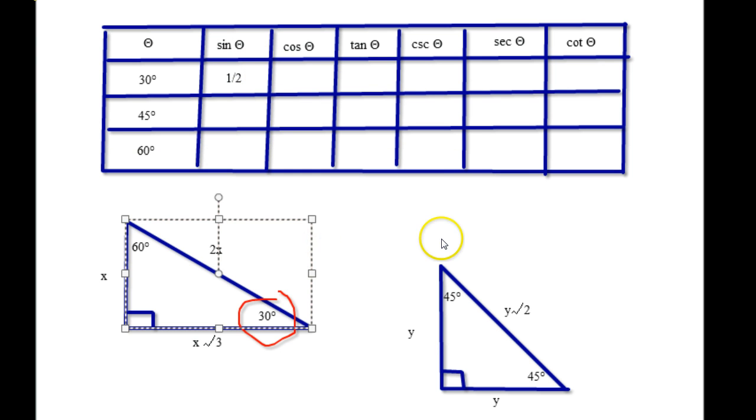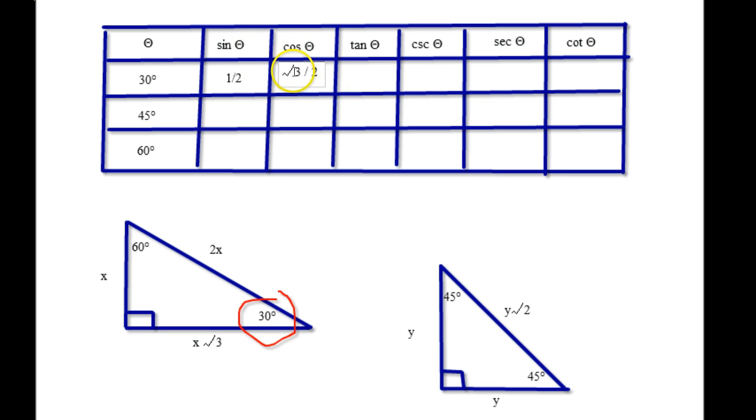Okay, all right. Now cosine is going to be adjacent over hypotenuse. So cosine is going to be the adjacent side to 30. Let's just finish 30. Okay, so it's going to be x root 3 over 2x, which the x's cancel out, so I'm left with root 3 divided by 2.